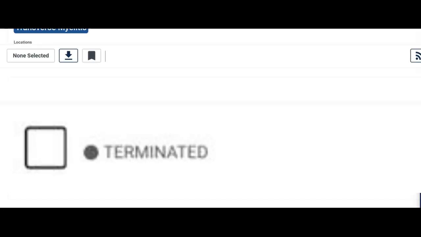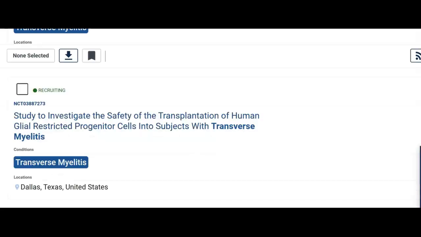If you don't get enough subjects, your results are not going to have any statistical validity. So that is one reason why being recruited for these studies and enrolling in some of the ones that look like they might be promising for the condition that you're dealing with is very important, because that's a way that we can help, we can participate in moving research forward and hopefully getting to a cure eventually.